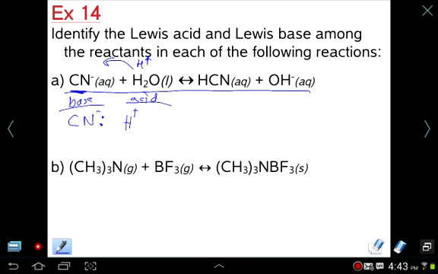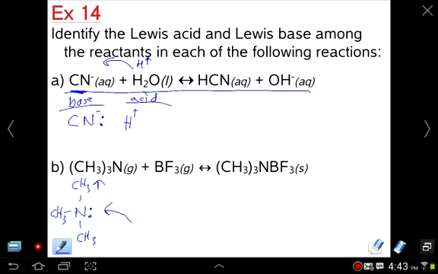In the second example, this is where it helps to define these as Lewis acids and bases, because here there is no hydrogen being given off or accepted. But this substance here, and it's kind of a strange substance, you've got nitrogen with 3 CH3 groups. And this nitrogen has a pair of electrons. So because this nitrogen has a pair of electrons, it can donate to some other substance.